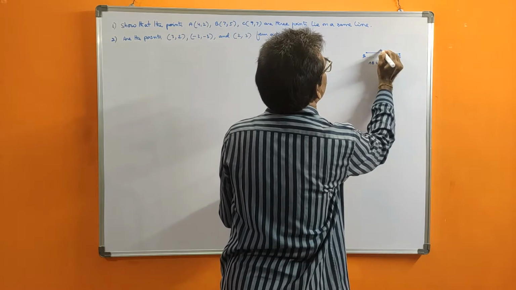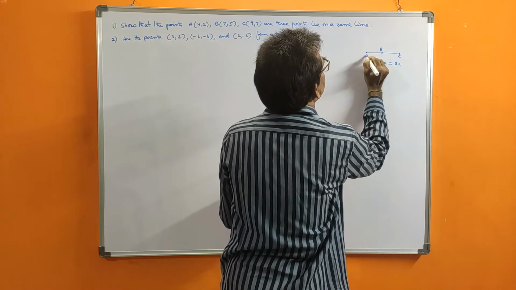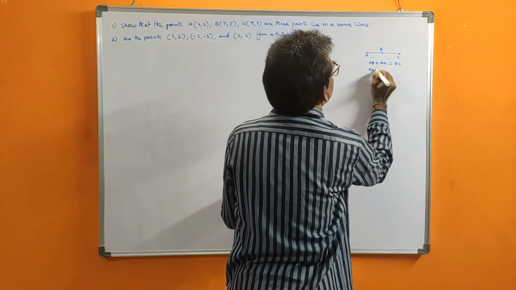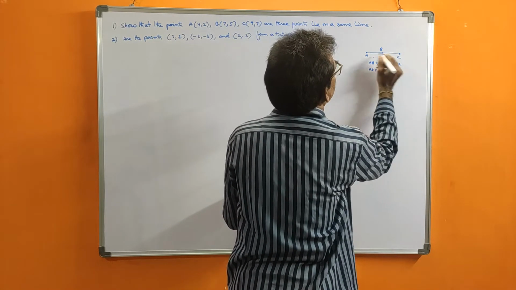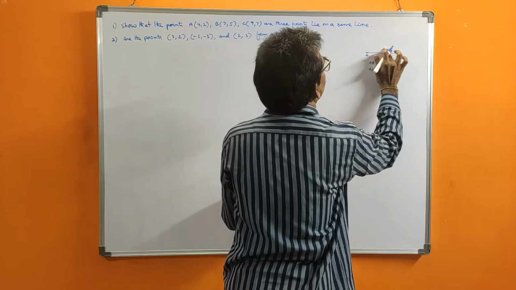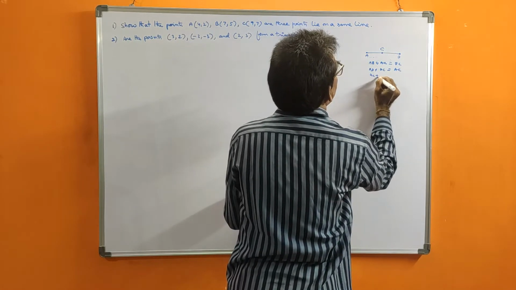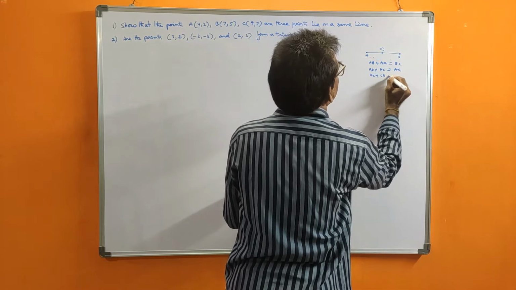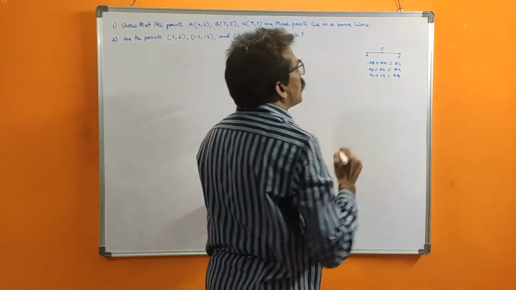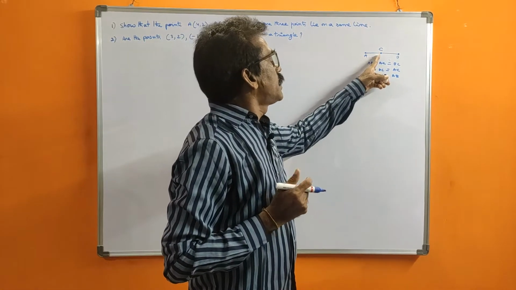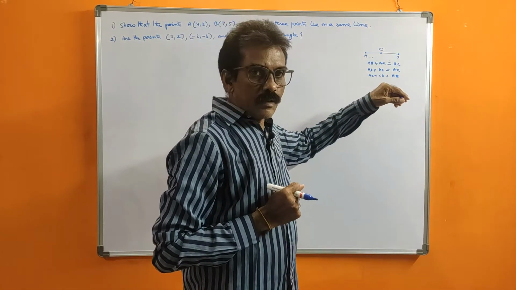Suppose B is the middle, with A here and C here, then the second condition is AB plus BC equals AC. Suppose C is the middle, then AC plus CB equals AB. Whether A, B or C is the middle, we don't know.